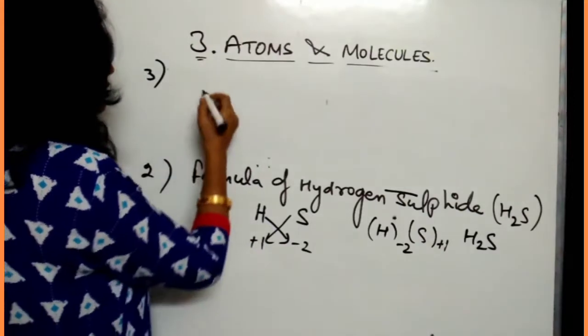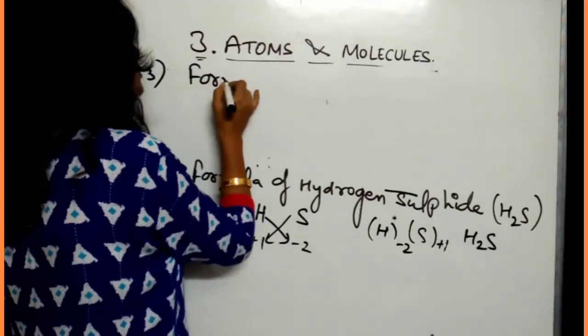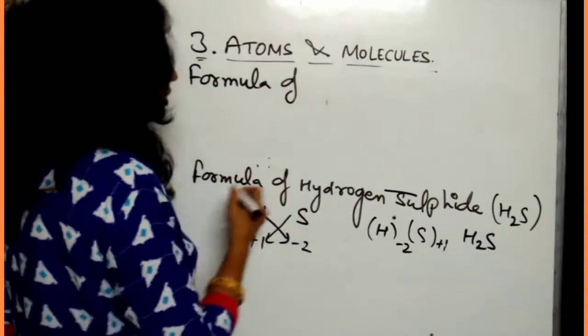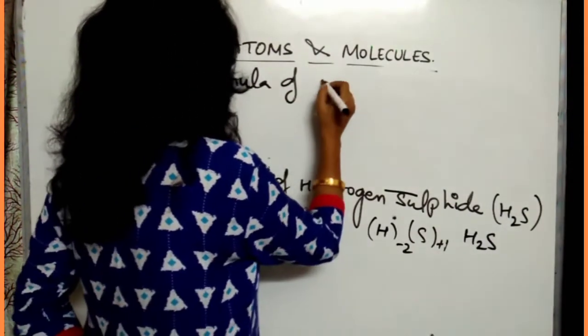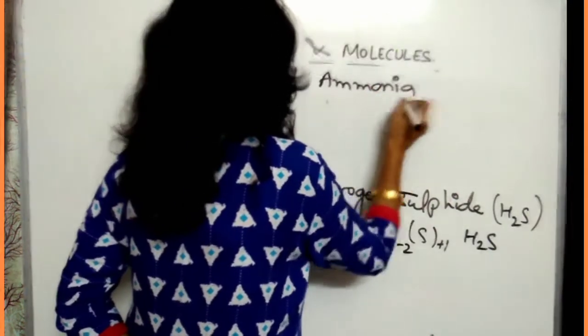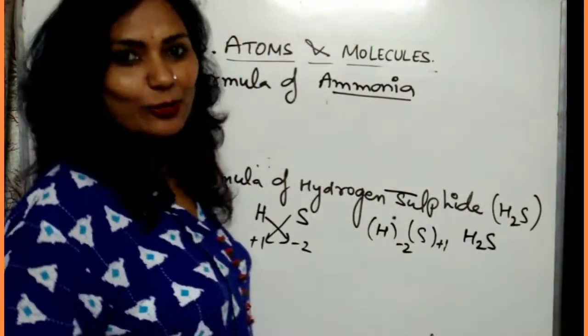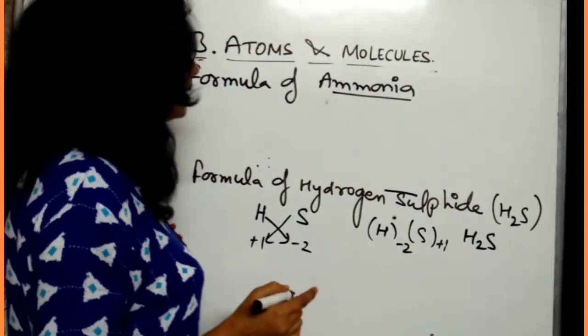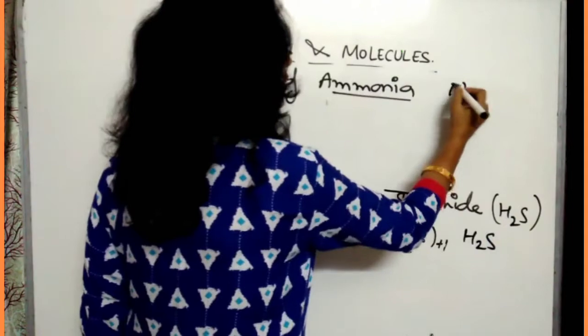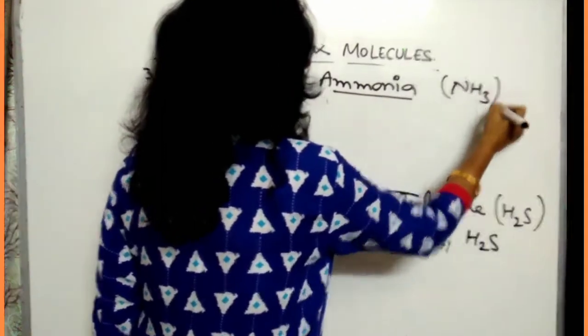Third, we can take the formula of ammonia. I have told you ammonia contains nitrogen and hydrogen. So here we will write that the formula of ammonia is NH3.